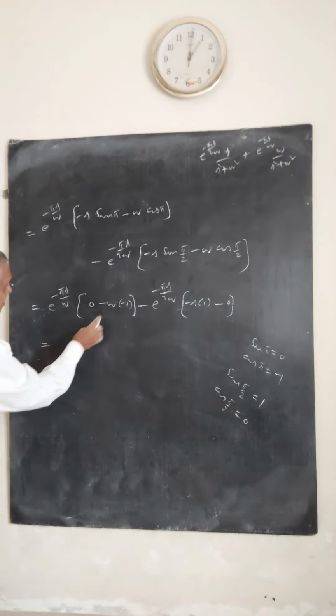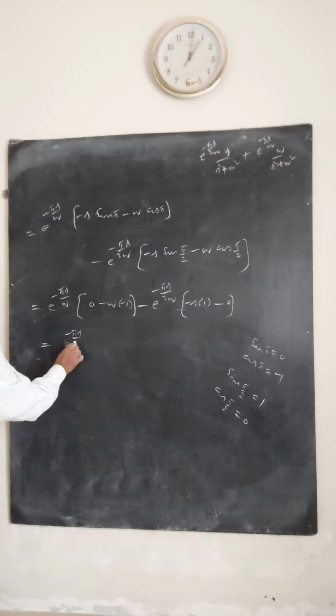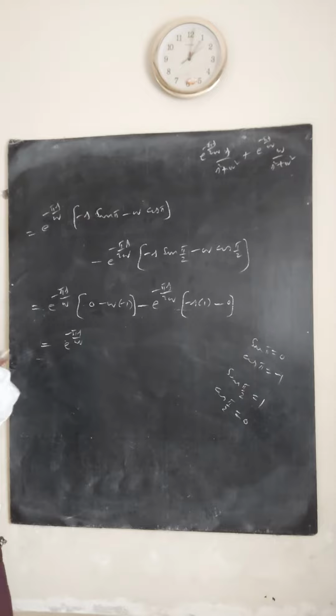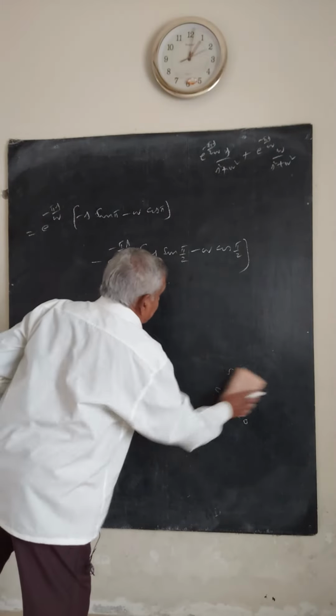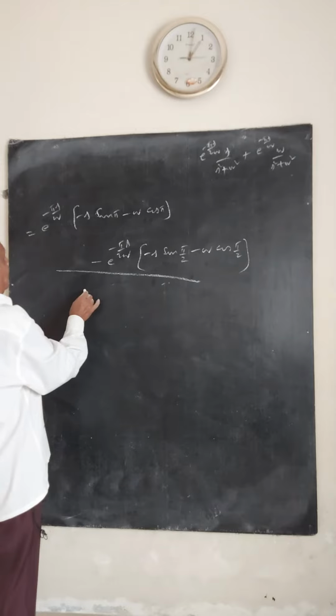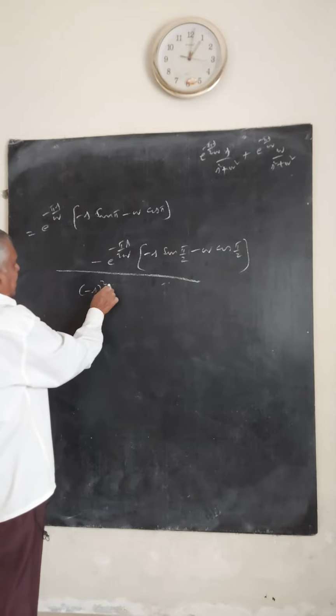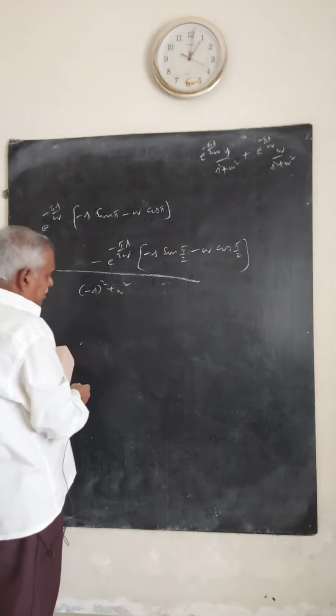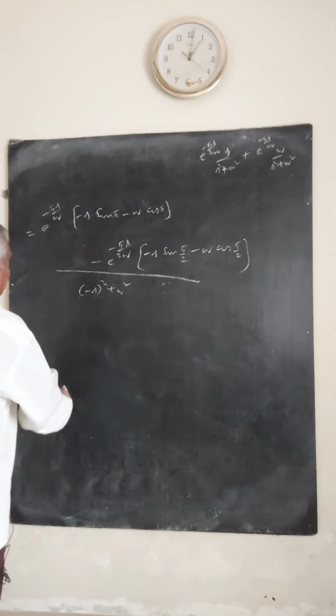Rearranging this: minus, plus e power minus pi s by omega, divided by minus s whole square plus omega square. At all places I have not written the denominator.